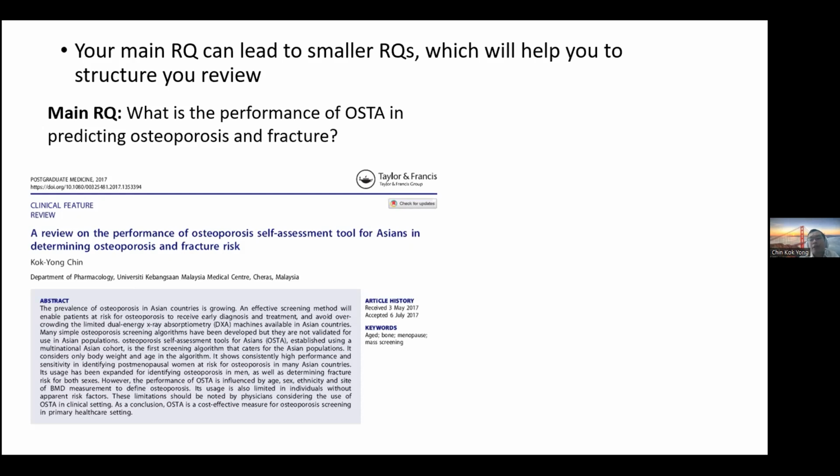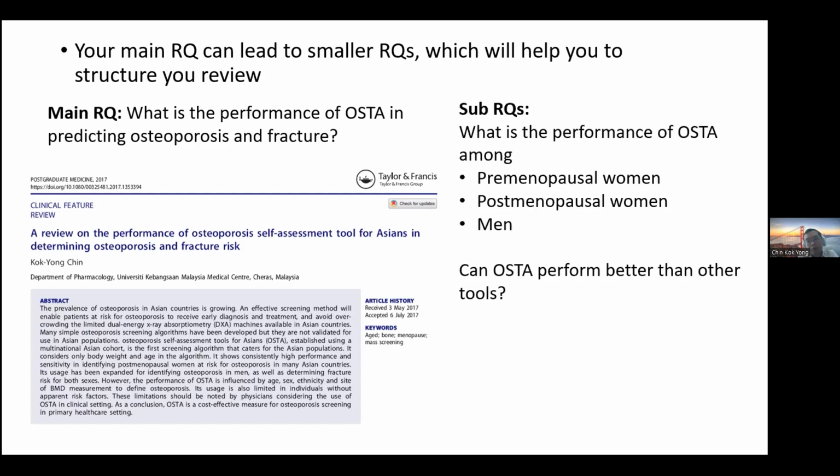During the setting of these research questions, some sub-research questions were developed. We know that osteoporosis can happen. We want to know whether this tool will work in premenopausal women, postmenopausal women, or men.